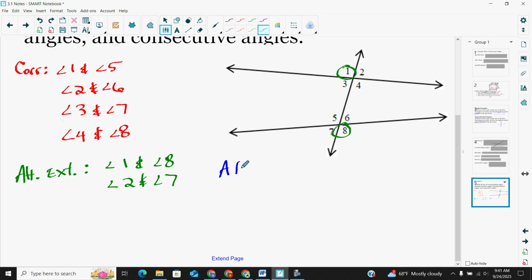Alternate interior, inside the lines but opposite. We've got 3 and 6, 4 and 5. Different sides of the transversal, but between the two lines.